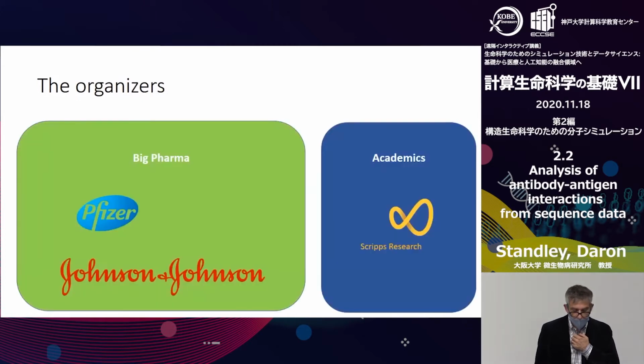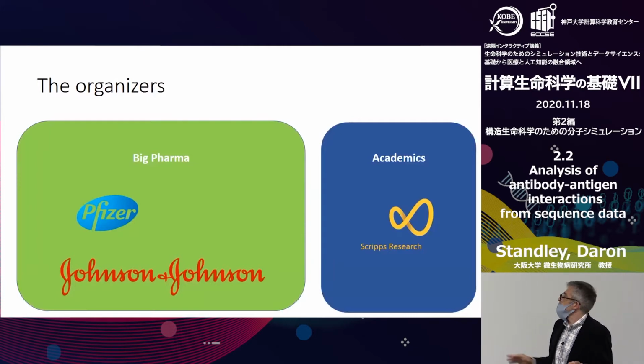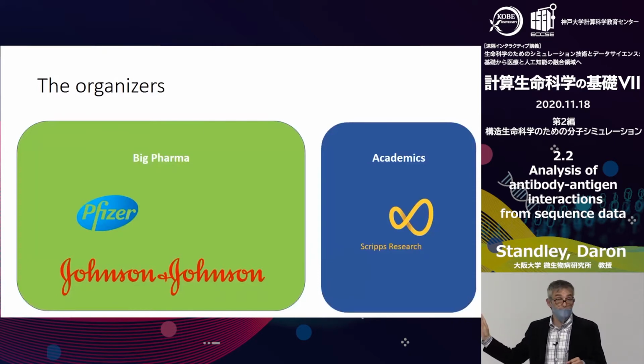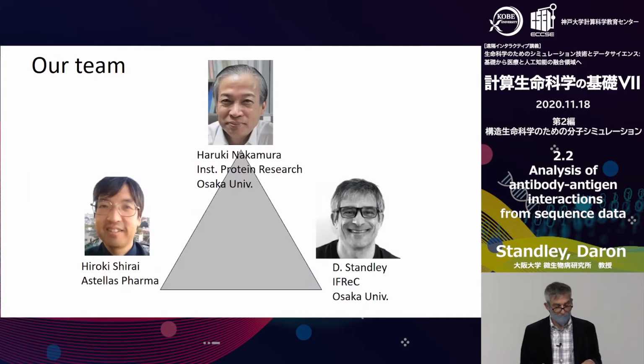And the organizers were both company people and academics. Johnson & Johnson and Pfizer were supporting this, but also some people at Scripps Research. Our team was headed by Haruki Nakamura, my former boss at the Institute for Protein Research, and Hiroki Shirai at Astellas Pharma was the one who was actually invited.